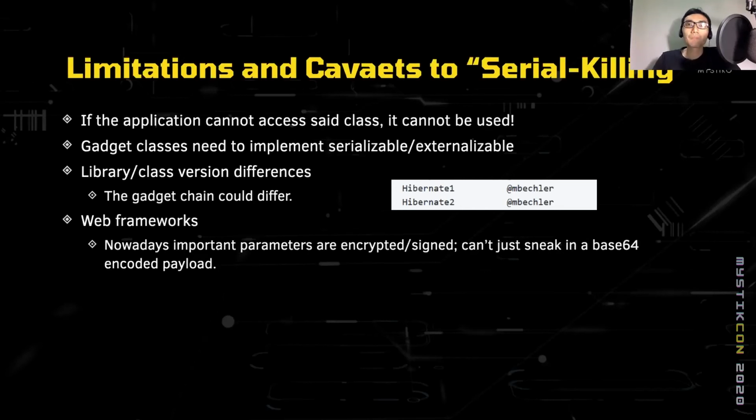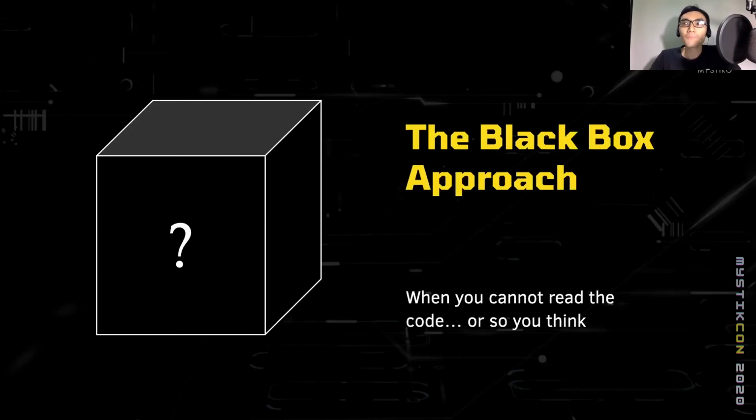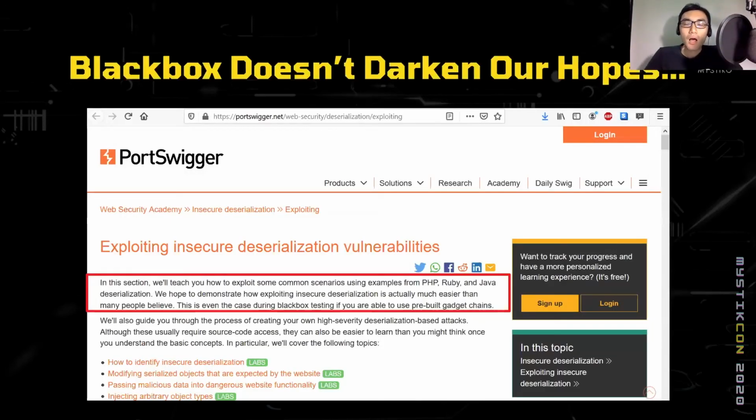Now, throughout the talk, we have been discussing from the context of a white box perspective. Basically, we know something about the code. What happens if you don't know any of these things? Which is basically the black box approach. The good news for attackers is that black box doesn't darken our hopes, and let's explain.